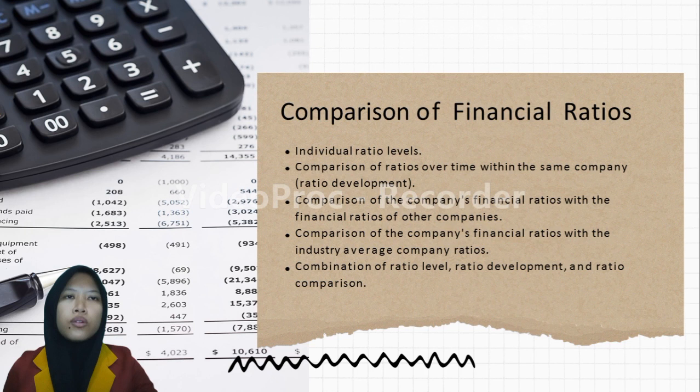Individual ratio levels, comparison of ratios over time within the same company, ratio development, comparison of the company's financial ratio with the financial ratio of other companies, comparison of the company's financial ratio with the industry average company ratios, combination of ratio level, ratio development, and ratio comparison.